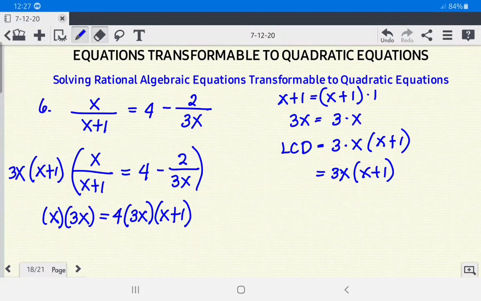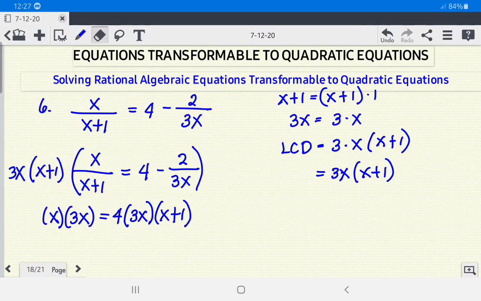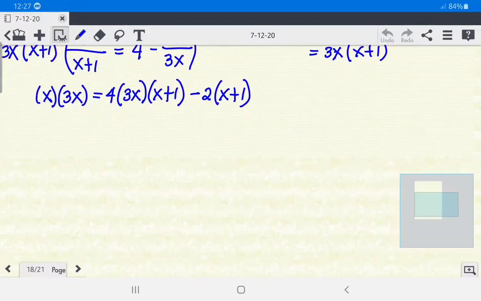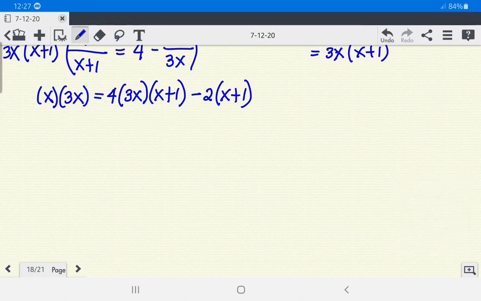Okay? Then, this one, 3x times x plus 1 times 2 divided by 3x. So, here, we can cancel 3x. Okay? So, we only have 2 and then x plus 1. So, minus 2 times x plus 1. Then, x times 3x, we have 3x squared equals 2.